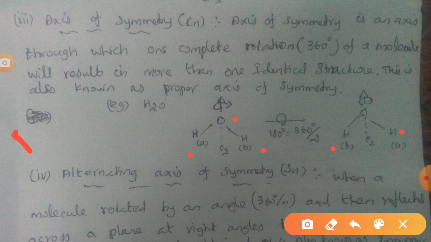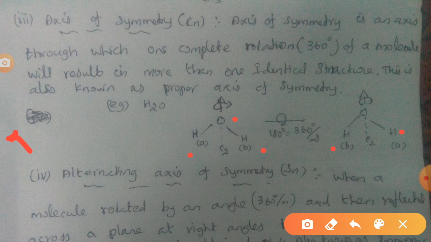So you fix one principal axis and rotate the molecule 360 degrees, and look at how many times it gives an identical structure. In H2O it gives it 2 times: the first one, and after 180 degrees a second one. That is called a C2 axis. Commonly it is called a Cn axis, and that is the axis of symmetry.